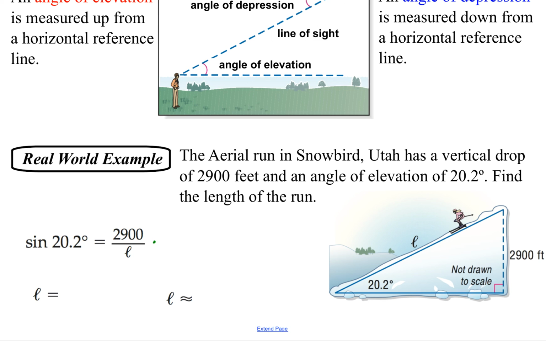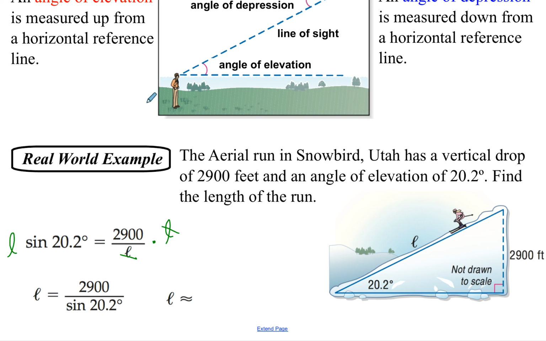If I multiply both sides by L, I can get that L to cancel over here on the right hand side. And so I'm left with L times the sine of 20.2 is equal to 2,900. And then I need to divide both sides by the sine of 20.2.